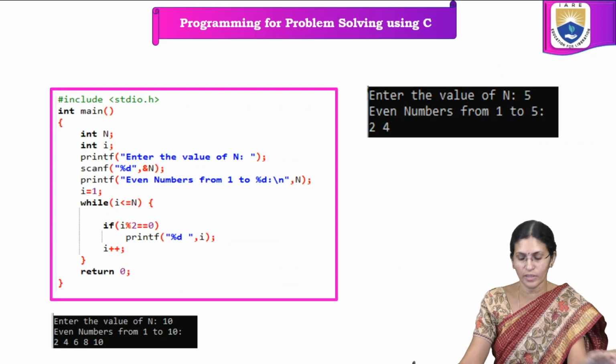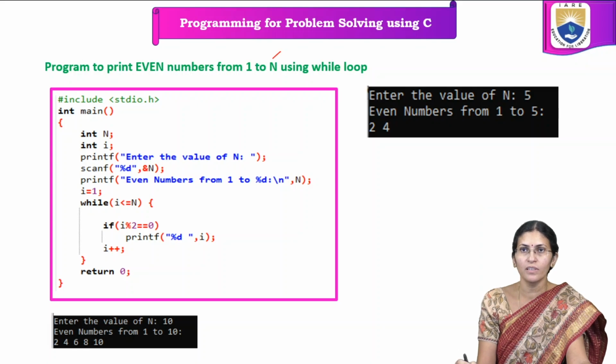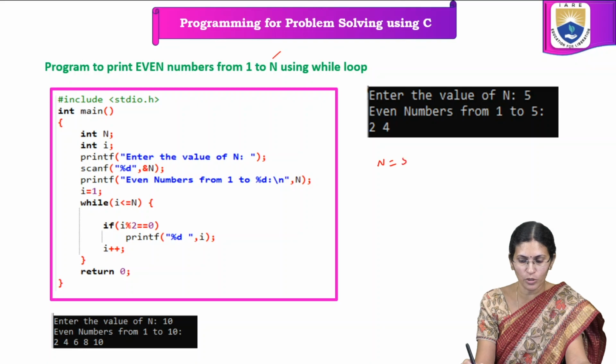So we'll write a program to check whether a number is even or not. Here the program is to print even numbers from 1 to n, where n stands for the maximum or upper limit. Suppose n is equal to 5. Then you need to print the even numbers in the range 1 to 5.